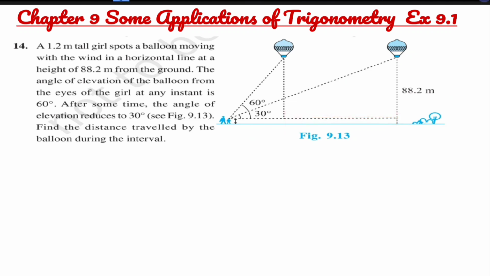Let us draw a diagram more clearly. Let us draw AB, the girl, and her height is 1.2 meters. They are told that the balloon is flying at a height of 88.2 meters from the ground level, and it is spotted at 2 points, that is C and D. From the ground level it is 88.2 meters.